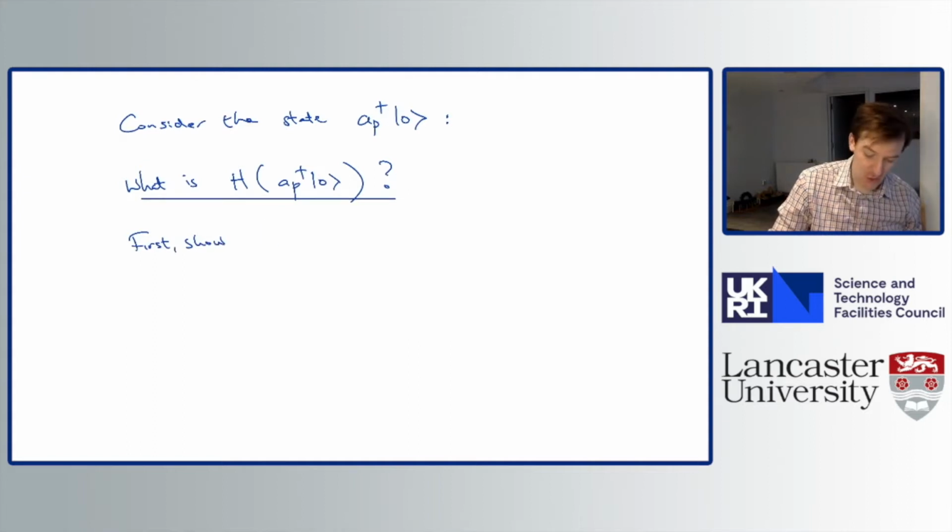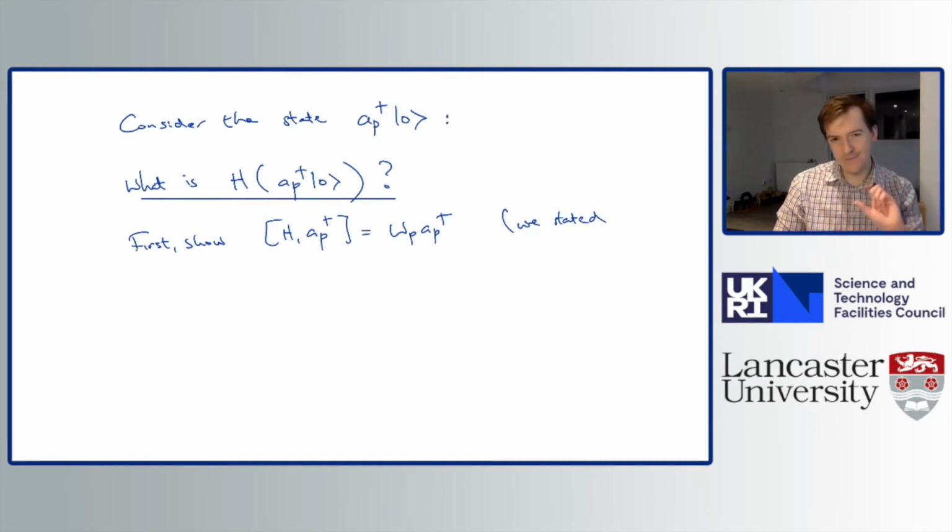We want to show that the commutator of H with A_P dagger is omega_P A_P dagger. This is something we stated, or at least maybe we did it for the lowering operator, but it was a similar form. We stated this type of relation as an assumption in one of our earlier lectures.